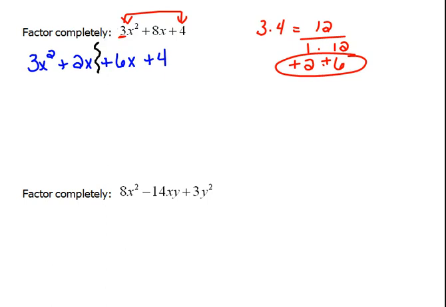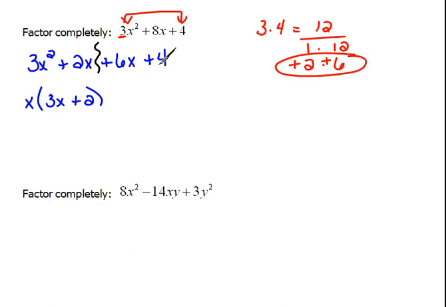Now that allows us to do factor by grouping. Out of the first two terms, we have an x in common, and x times 3x would be 3x squared, and x times a positive 2 would give us 2x.